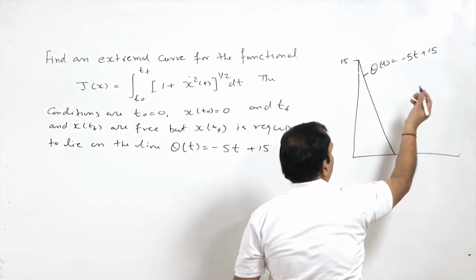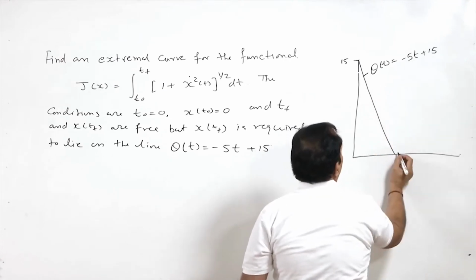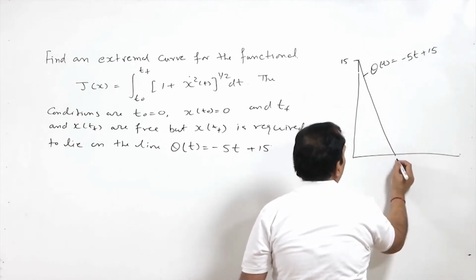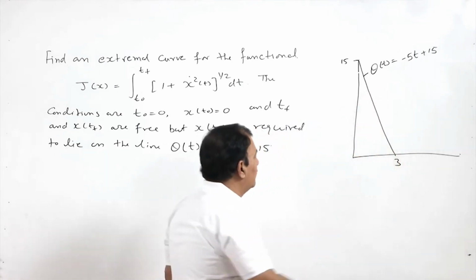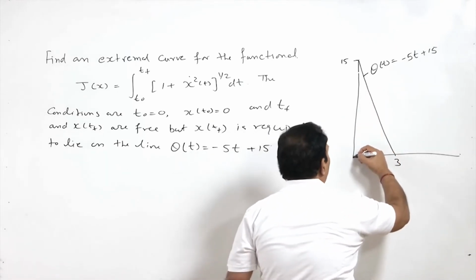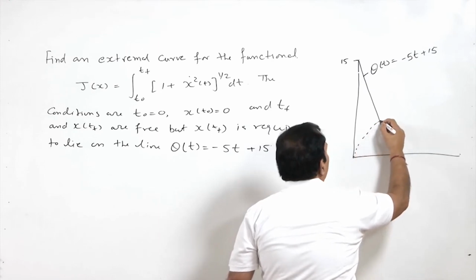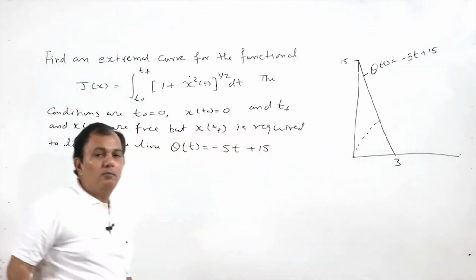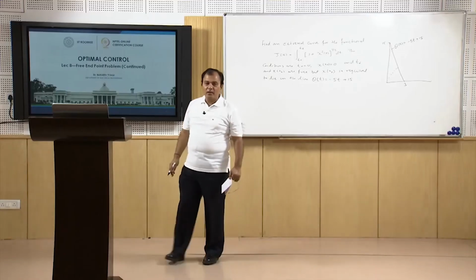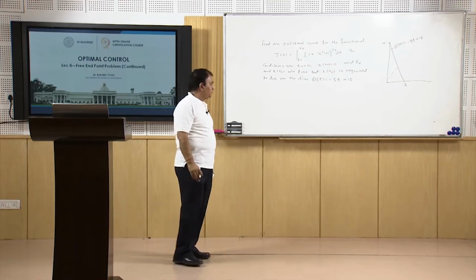If theta t is 0, this will be nothing but 3. So, this is my theta t line. I have to find what will be my optimal curve. This distance should be the minimal distance. So, this problem we have to solve.